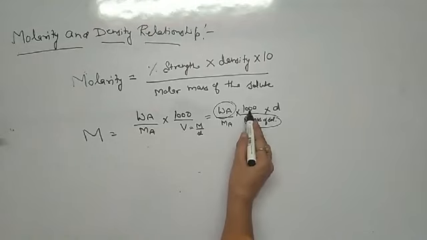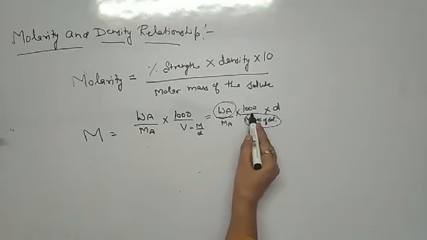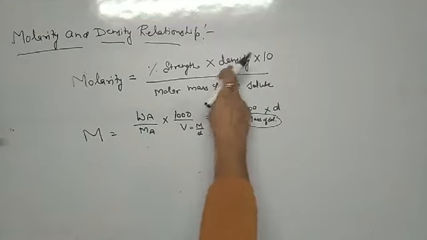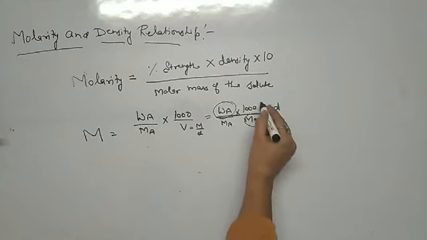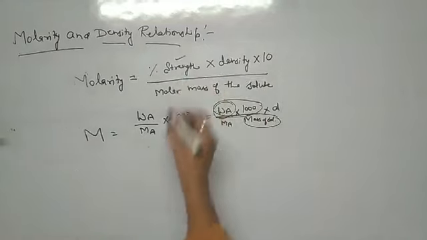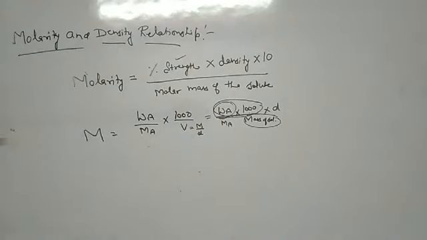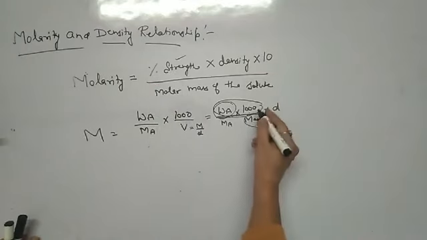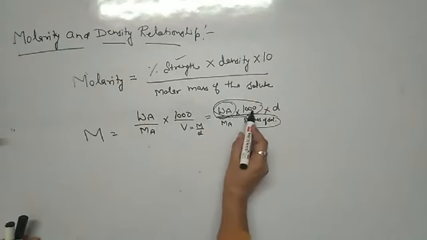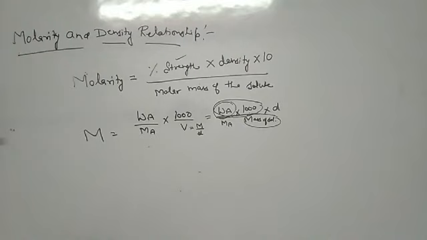So here is your density and mass in 1000, that will be equal to your strength. Strength into 10, that will be found by this into this in your thousands, and molar mass is here. Is it clear? So you can also implement this one.